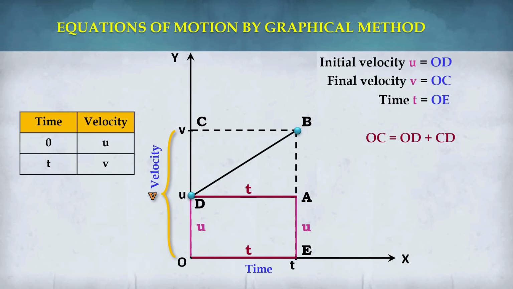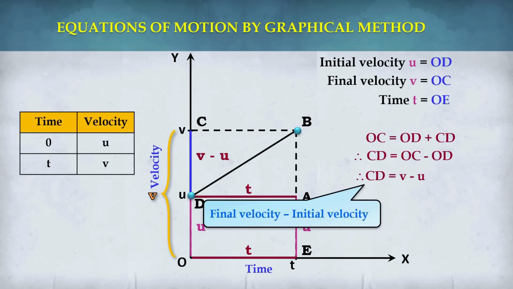So we can say that the change in velocity is equal to final velocity minus initial velocity. Therefore, change in velocity equals v minus u. This graphical representation helps us understand how the equations of motion are derived using velocity-time graphs.